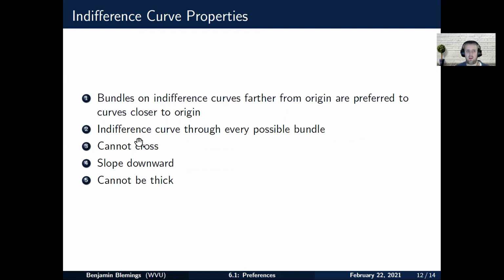We know that indifference curves cannot cross, and I'll have you show that in your homework. We know that indifference curves have a downward, or negative, slope, although it's not constant, as you've seen by the curve in them. And they cannot be thick. You should also think about how that relates to the first property that I showed you here.